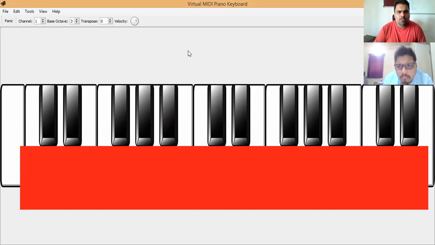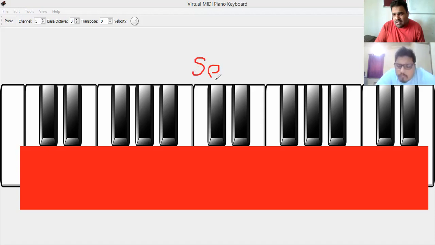Now this is called a step. Actually, let me not use the word step because sometimes that can be confusing, especially when you're doing sight reading. It's called a semitone.